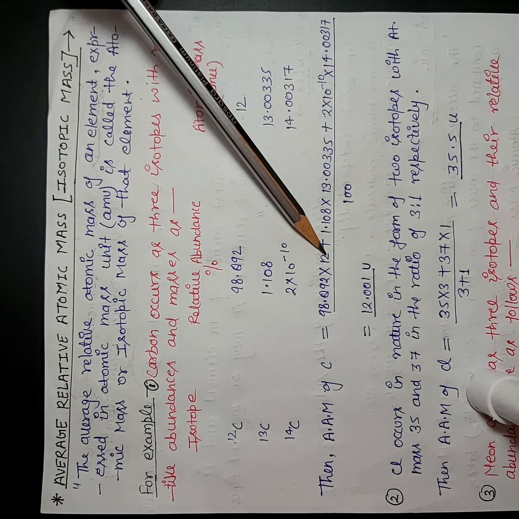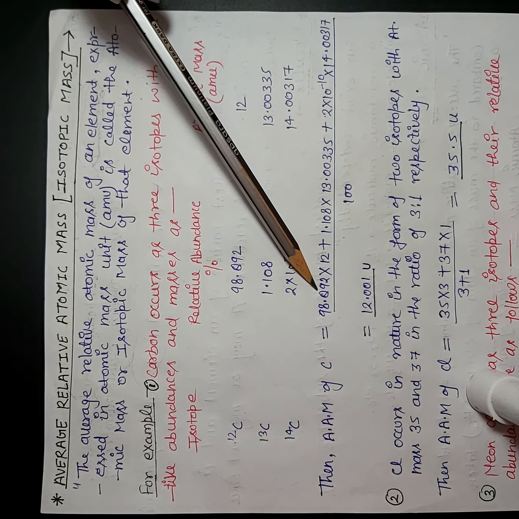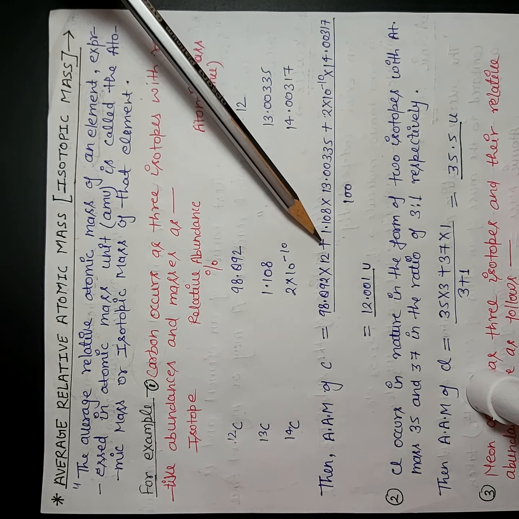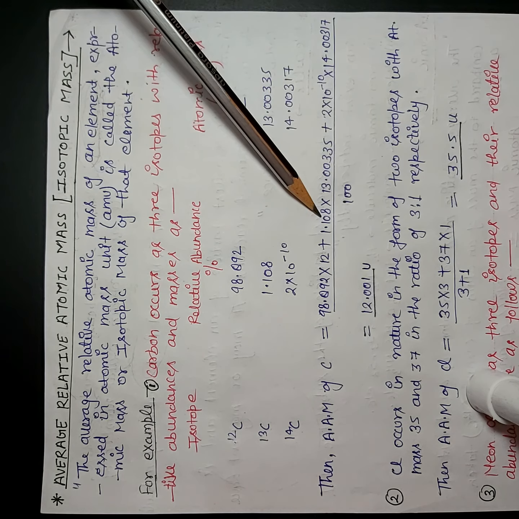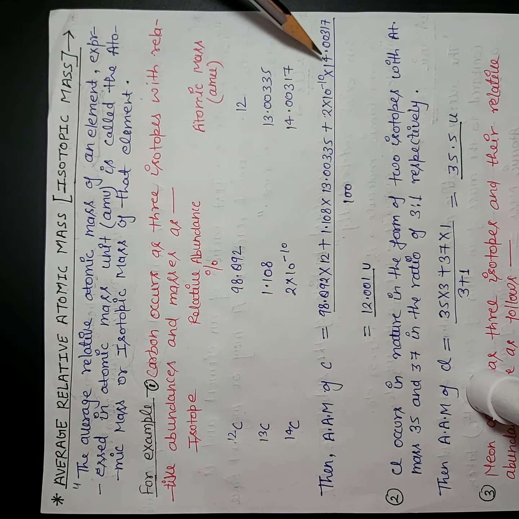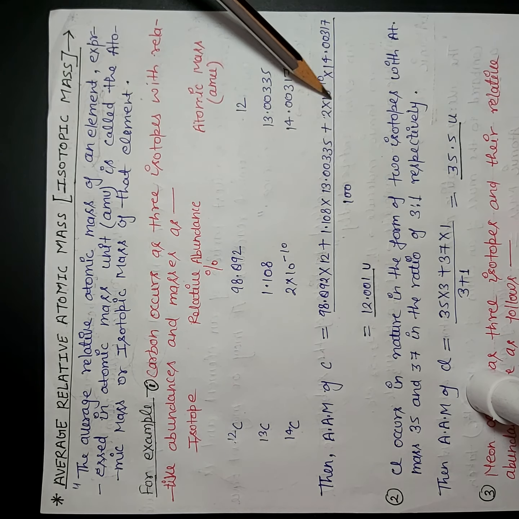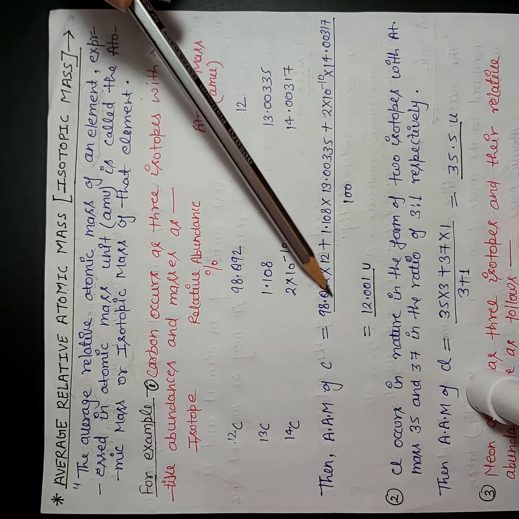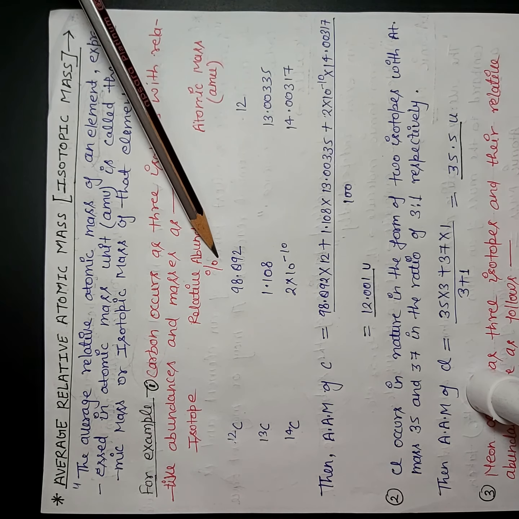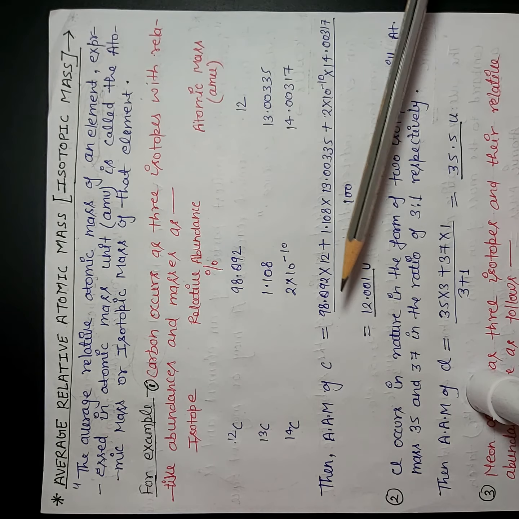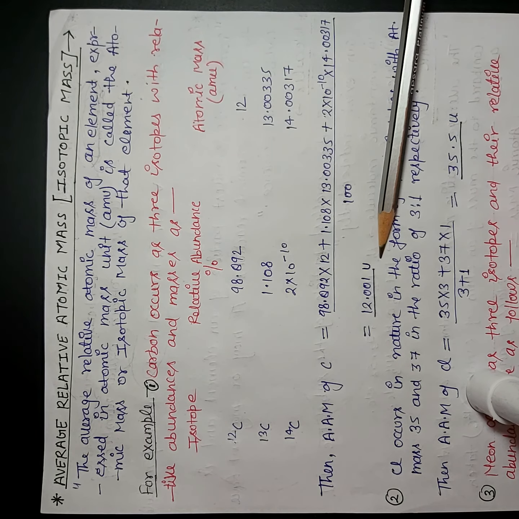Mass number of the first isotope multiplied by its relative abundance, plus mass of the second isotope multiplied by its abundance, plus mass of the next isotope multiplied by its relative abundance, and divided by 100. Why 100? Because the abundance is given in percentage, so we will get 12.001 u.